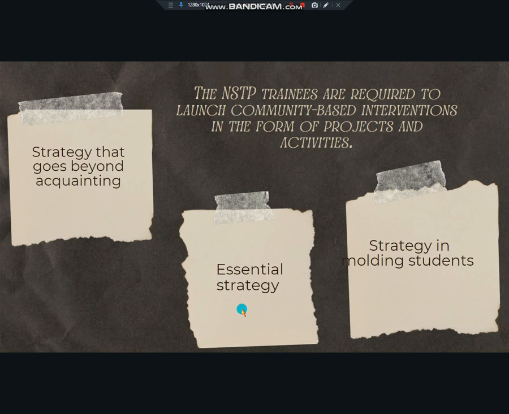Second, we have an essential strategy in community organizing work that entails understanding of the different community concerns, processes, dynamics and lifestyle through exposure and engaging in different activities. Lastly, but not the least, we have the strategy in molding students, so that they may be socially aware and responsible to their communities.